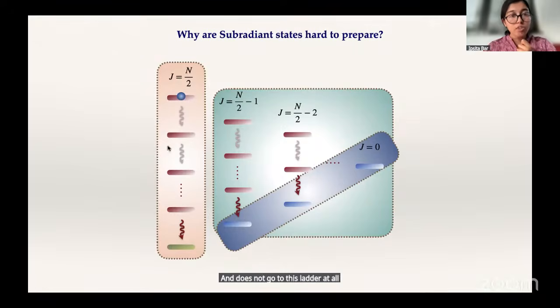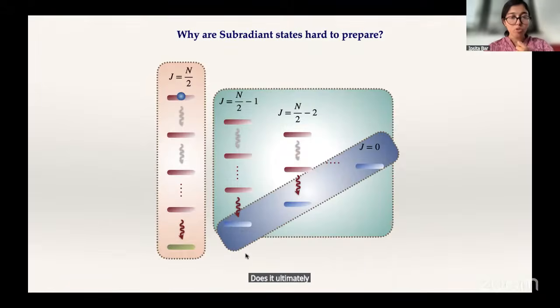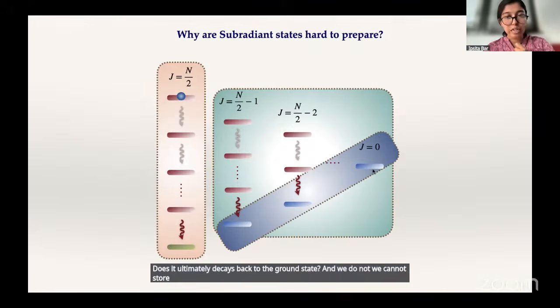But this is for the perfect case. If you have finite interatomic distance between the atoms, then the excitation does go through this green block here. But through the master equation, this green block is already connected to the ground state. Thus, it ultimately decays back to the ground state, and we cannot store excitation into these blue states.